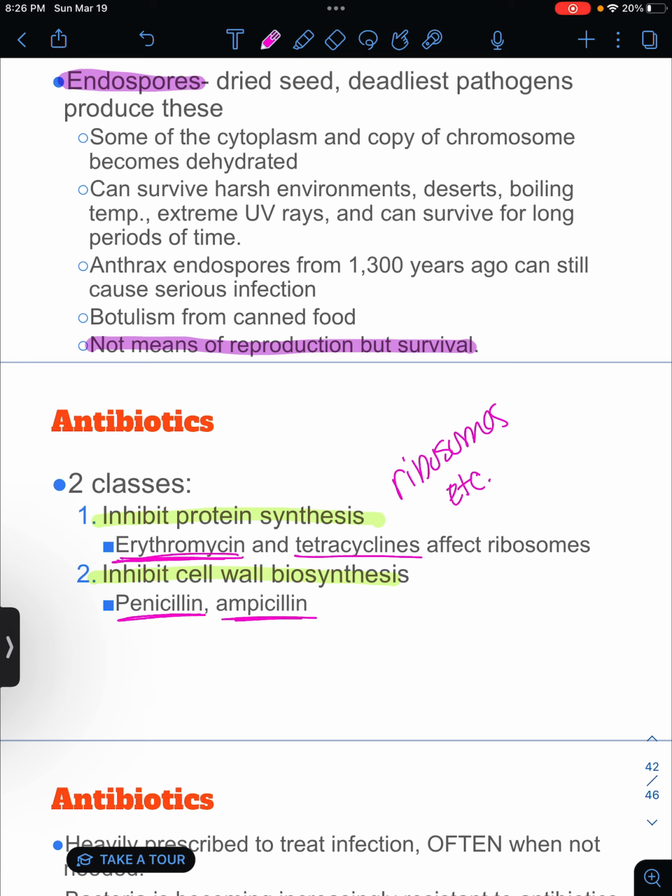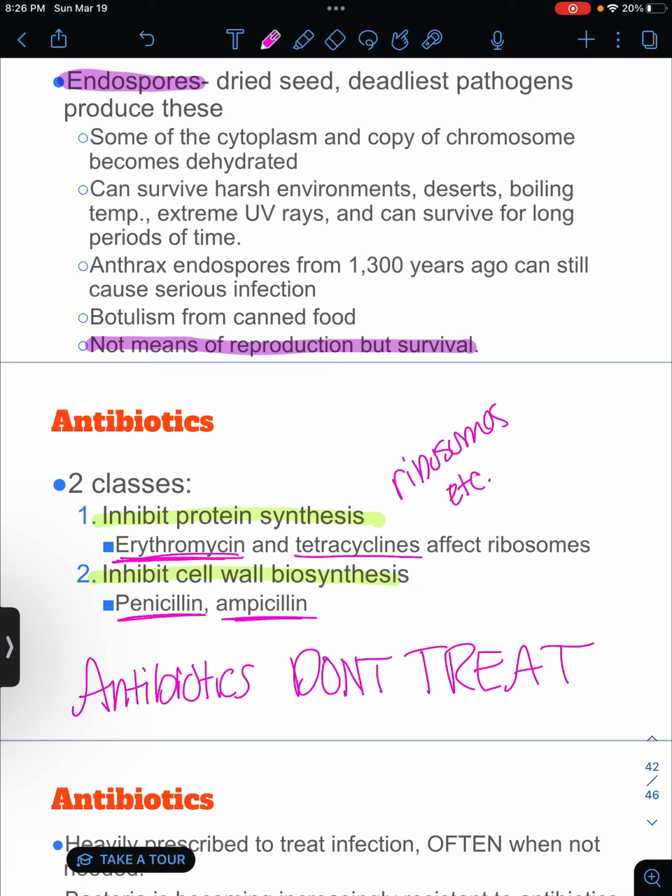So doctors will give you a certain antibiotic. It's also important to note that antibiotics, if you've never heard this before, don't treat viruses.